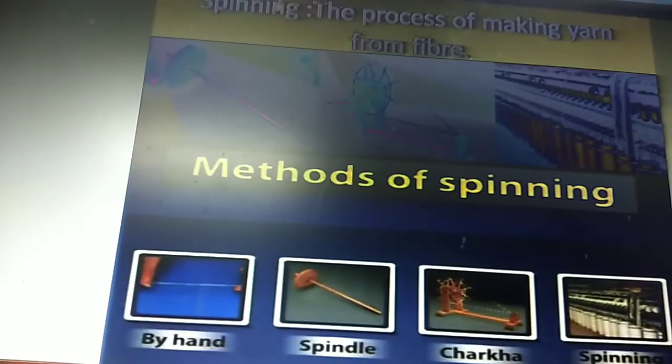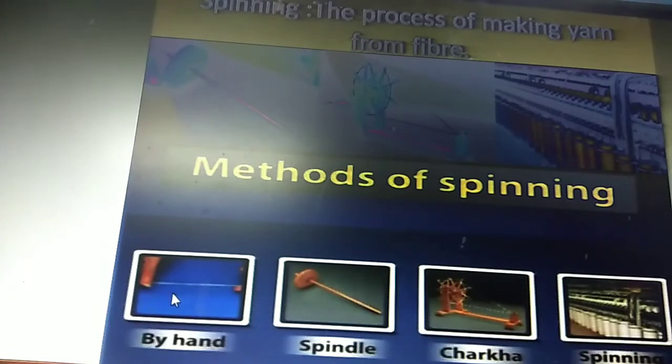After ginning, they will make the small fibers, hair-like structures, and by hand she is spinning so that yarn comes out. That is the thread. The methods: this is a spindle, hand spinning using a spindle, a charka, or a spinning machine.